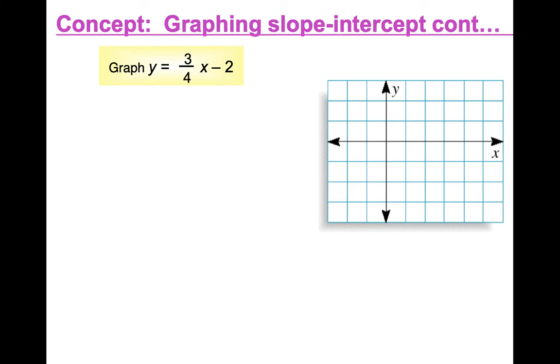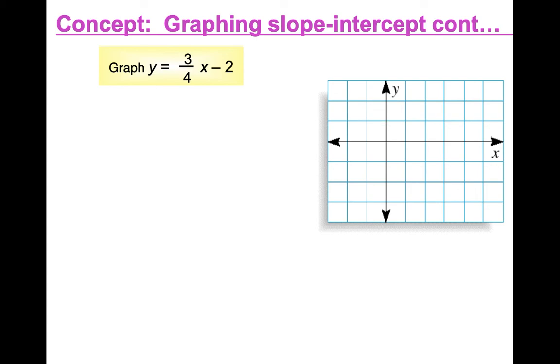So let's graph y equals 3/4 x minus 2. Here's minus 2 right here. So we know that when we set it equal to y, the number standing by itself is negative 2, right there. Now we'll go up 1, 2, 3, because that's our rise. Rise comes first.